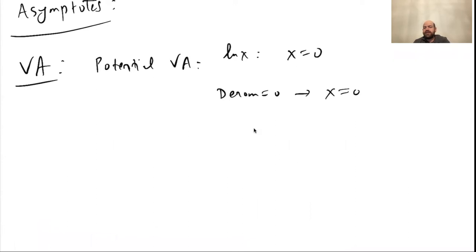But like I said, this is just very coincidental. We could have ln x minus 1, for example, here, and denominator could be x or something else. In that case, the values obtained from these two equations would be different. And therefore, if I get one value here and one value here, I would have 2 potential vertical asymptotes. But here, the values are the same. So we have one potential vertical asymptote, which is x equals 0.